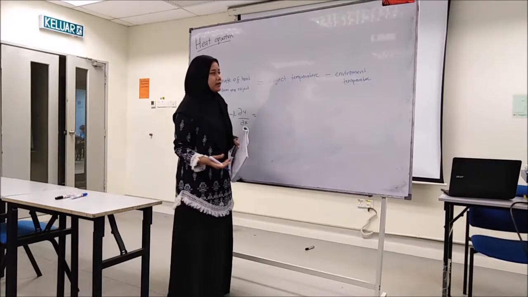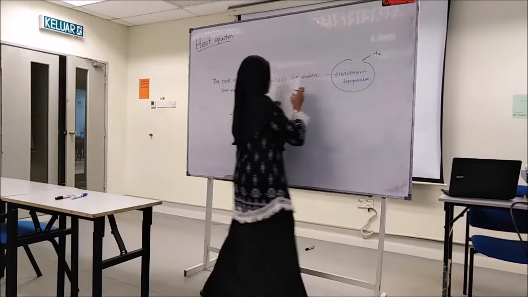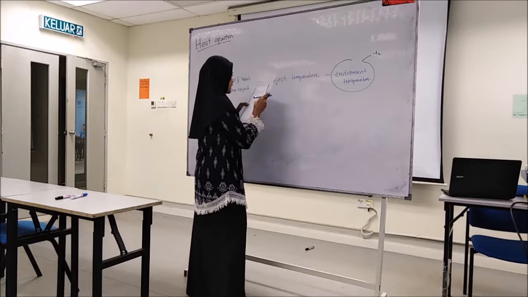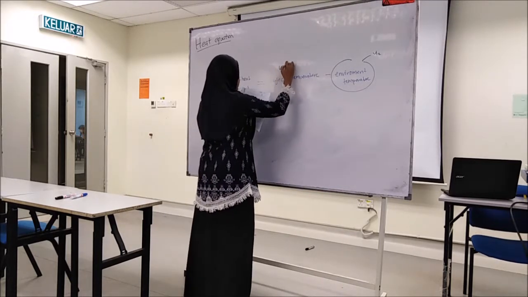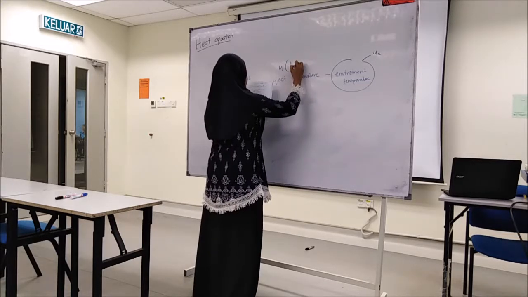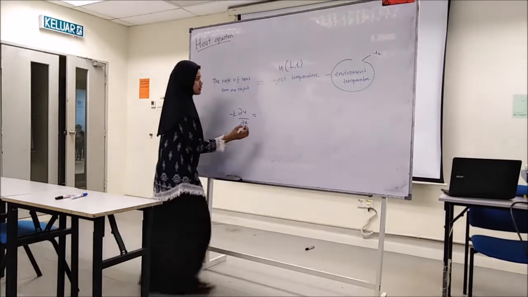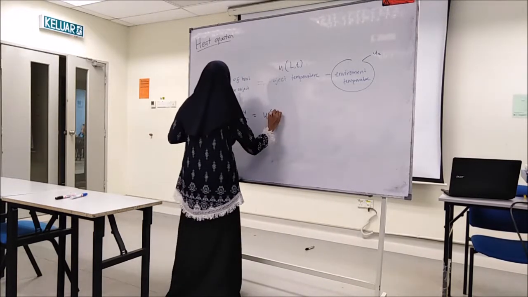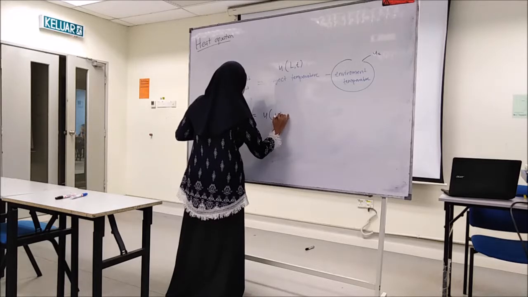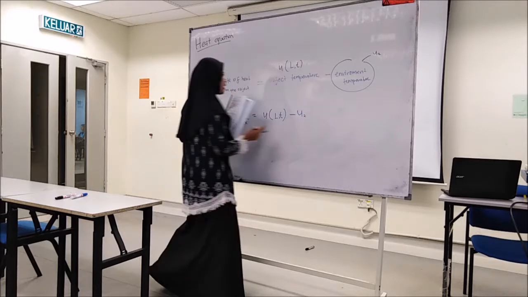U2 is the environment temperature, and our object temperature is U L of T. So we can just plug in the equation. We will get U minus U2.